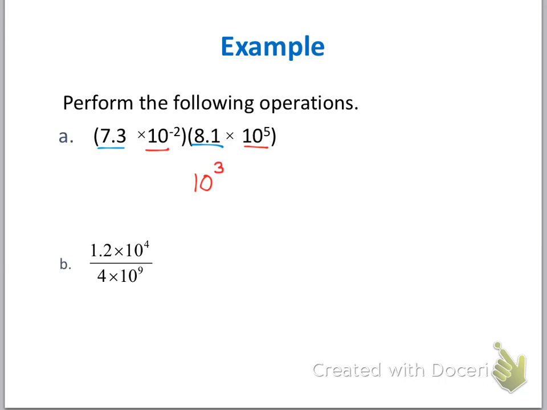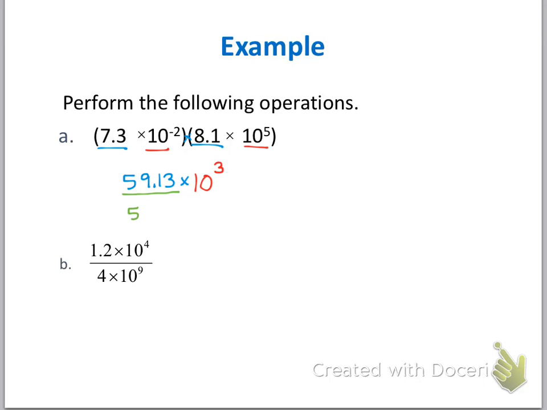With these large normal numbers, notice everything is multiplied here. All I have to do is 7.3 times 8.1. That gives me 59.13. So I'm almost done there. One thing you'll notice is this front number here is not in scientific notation. It needs to be between 1 and 10.